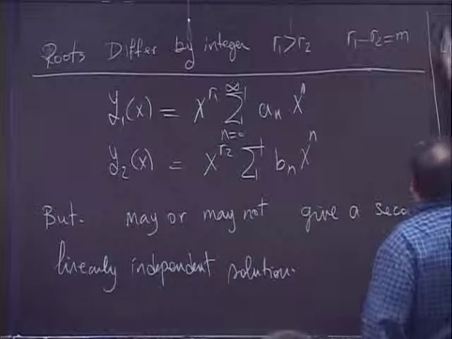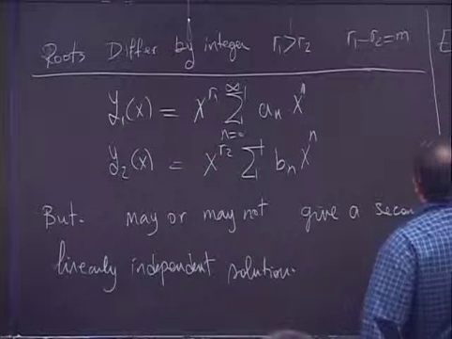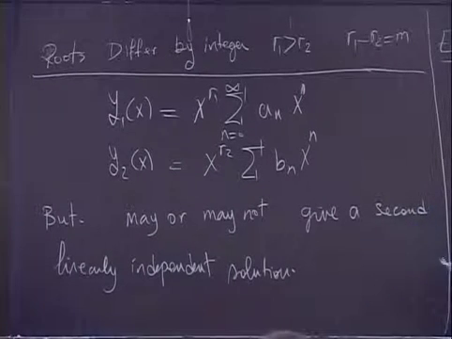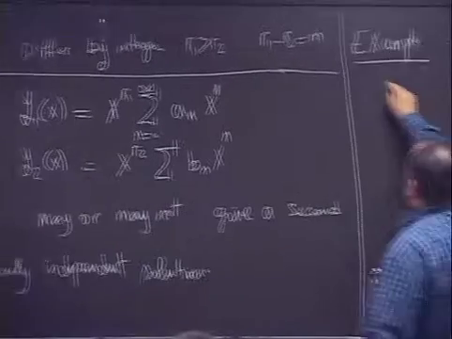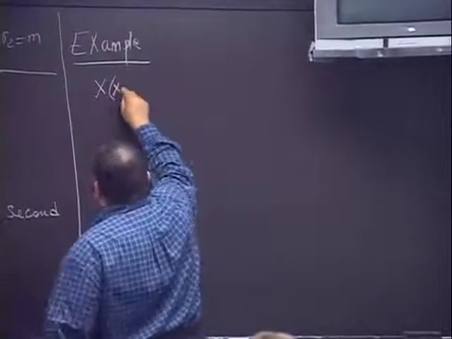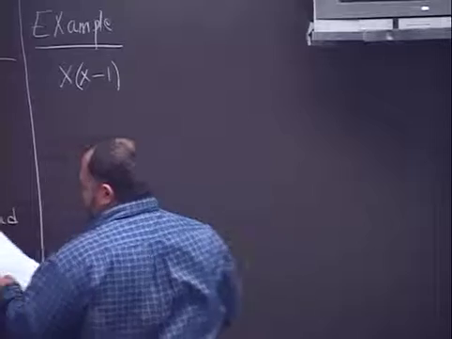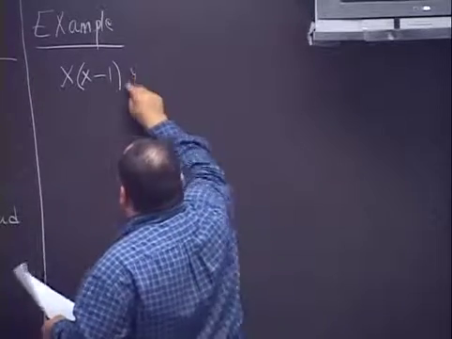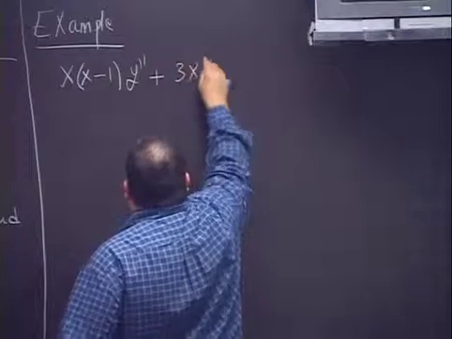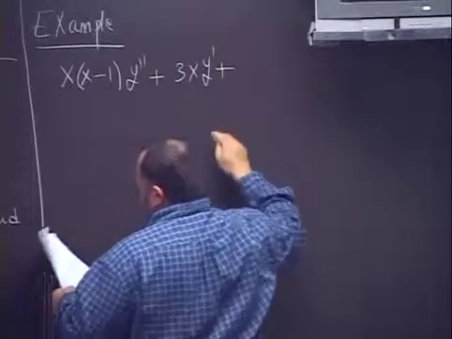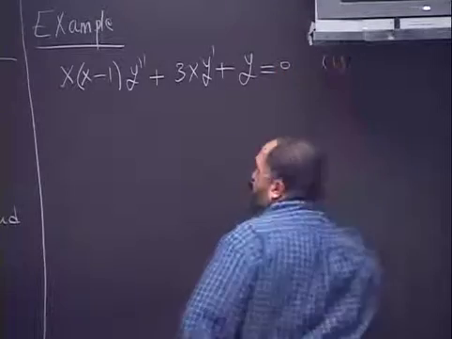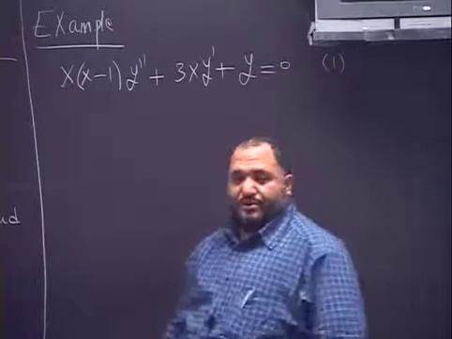By just solving an example here. So let's assume our differential equation is x minus 1 multiplied by y double prime plus 3x y prime plus y equal to 0, and we will call this equation number 1.